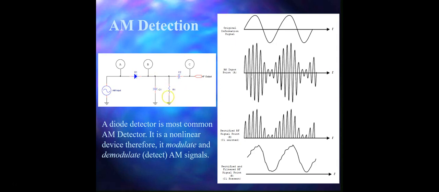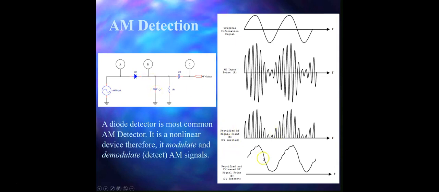That's why we need R1, so that it can discharge the voltage also. The time constant of R1 and C1 is designed to be as short as possible, so that the voltage on C1 will follow the AM envelope as close as possible.